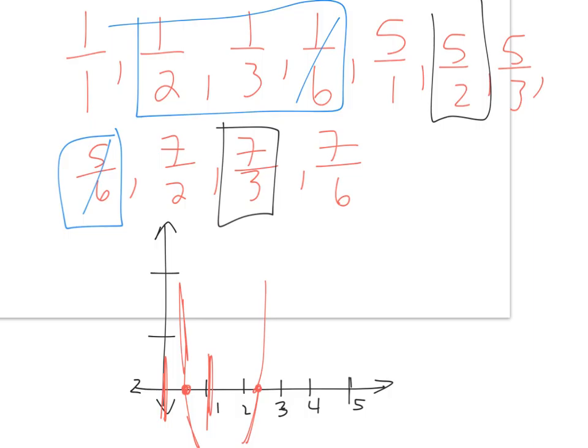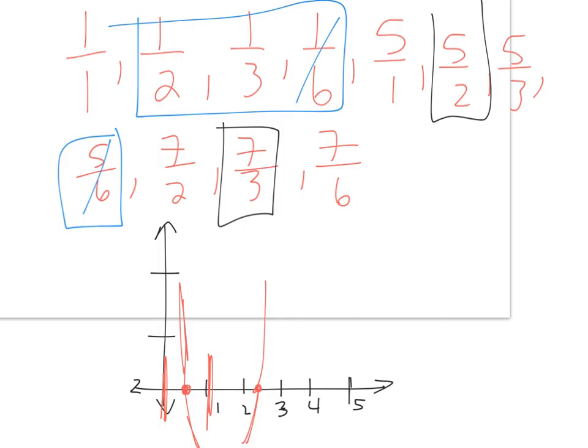How many zeros or roots for this function should I have, or solutions to the equation when set equal to 0? 4. Because it's t to the 4th, or x to the 4th, whatever the independent variable is. We only see 2 real solutions here. Where are the other 2? If they're not real, they must be imaginary. The other 2 are imaginary roots, which can only be obtained from synthetic tables.